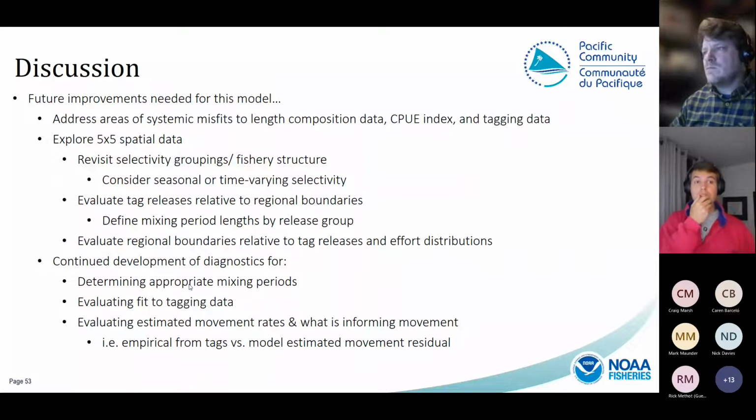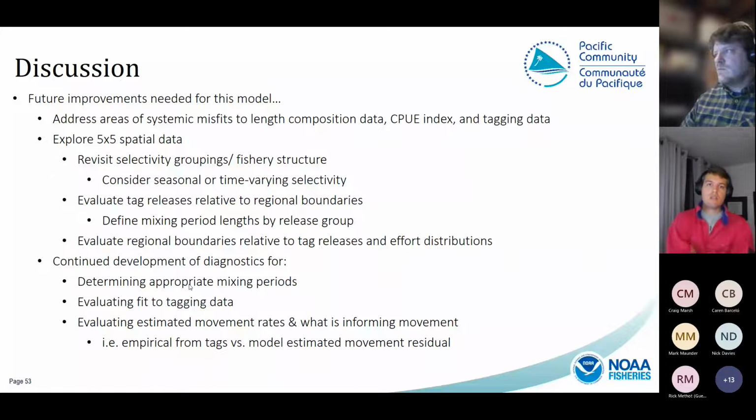So in terms of things that we would like to improve on this model, but don't necessarily know if we will get around to it, pending availability of time for this project: there were a few systemic misfits to the length composition data, the CPE, and the tagging data that we'd like to, if we had the opportunity, get another crack at.